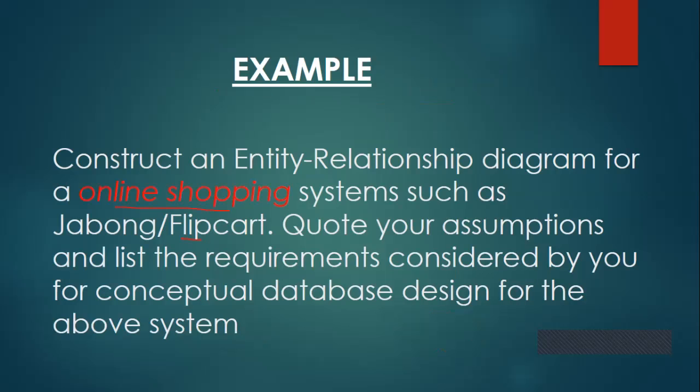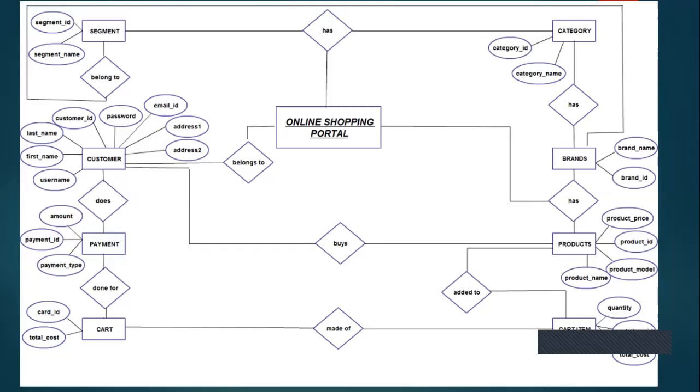Now next we'll see an example of online shopping. One example you can take is Flipkart. This example is written in more detail. If you want, you can write a few attributes, not every attribute is required, but the entities are required. Now we have the online shopping portal. This portal has a few categories.